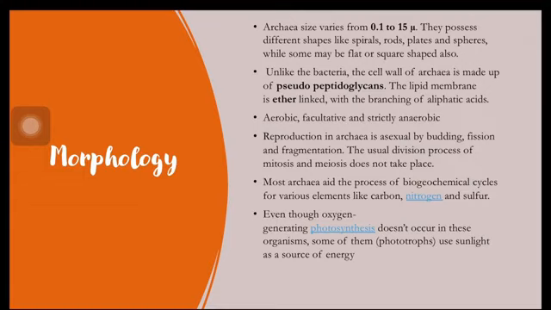Unlike bacteria, the cell wall of archaea is made up of a pseudopeptidoglycan. It is not a true murein layer, because the true murein layer contains alternating units of N-acetyl muramic acid and N-acetyl glucosamine, but here the archaea possess N-acetyl talosaminouronic acid instead of N-acetyl muramic acid and contain L-amino acids instead of D-amino acids.